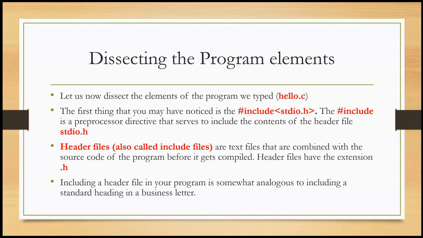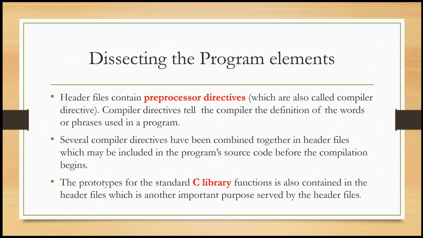Including a header file in your program is somewhat analogous to including a standard heading in a business letter. Header files contain preprocessor directives, which are also called compiler directives. Compiler directives tell the compiler the definition of the words or phrases used in a program.